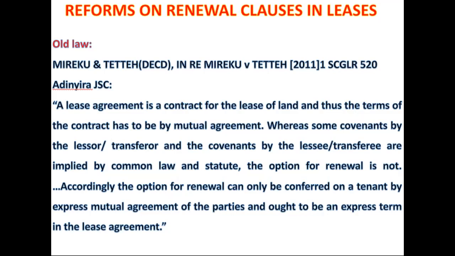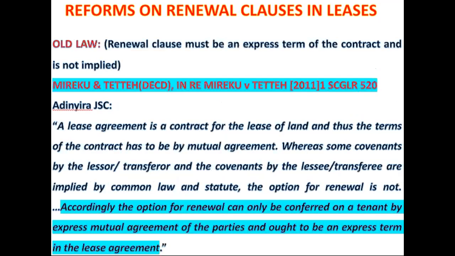The case of Miracle versus Tete proceeded as follows, and I quote, a lease agreement is a contract for the lease of land, and the terms of the contract have to be by mutual agreement, and the option for renewal can only be conferred on the tenants by express mutual agreement.